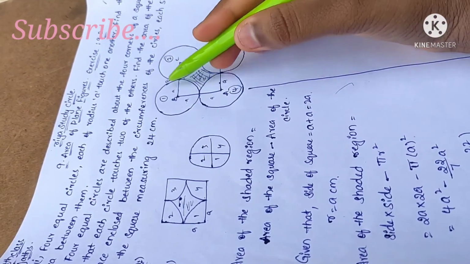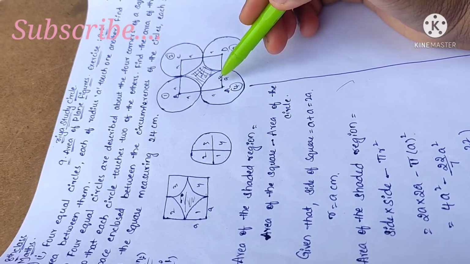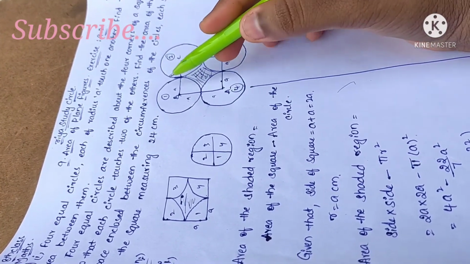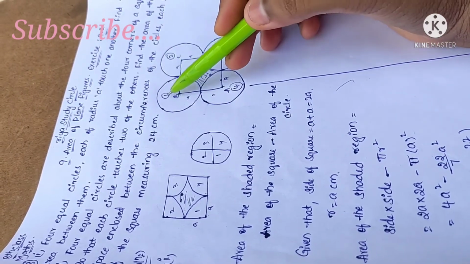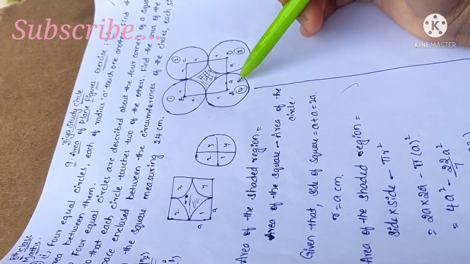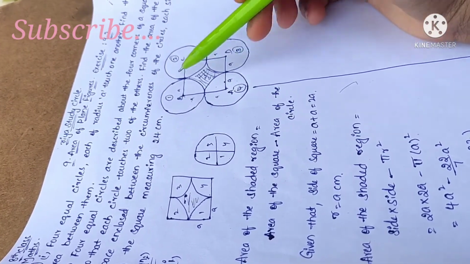So let's take these 4 circles as 1, 2, 3, 4, and each circle touches the other 2. That means 1 touches 2 and 4, 2 touches 1 and 3, 3 touches 2 and 4, and 4 touches 1 and 3.